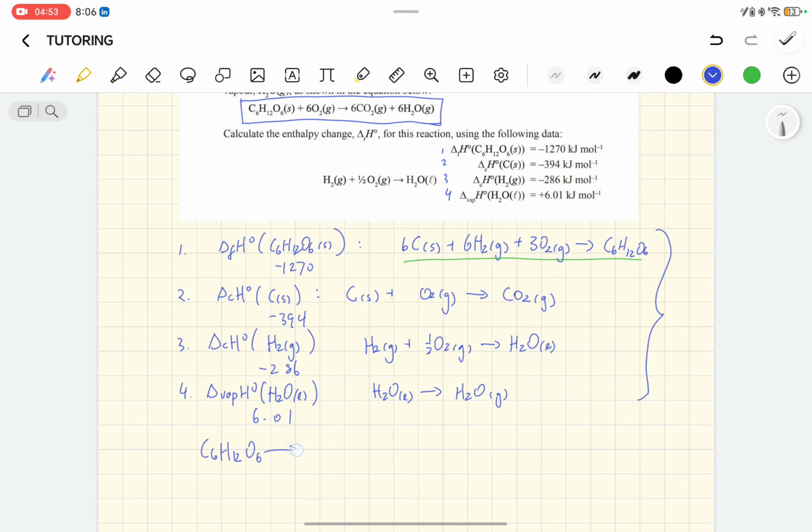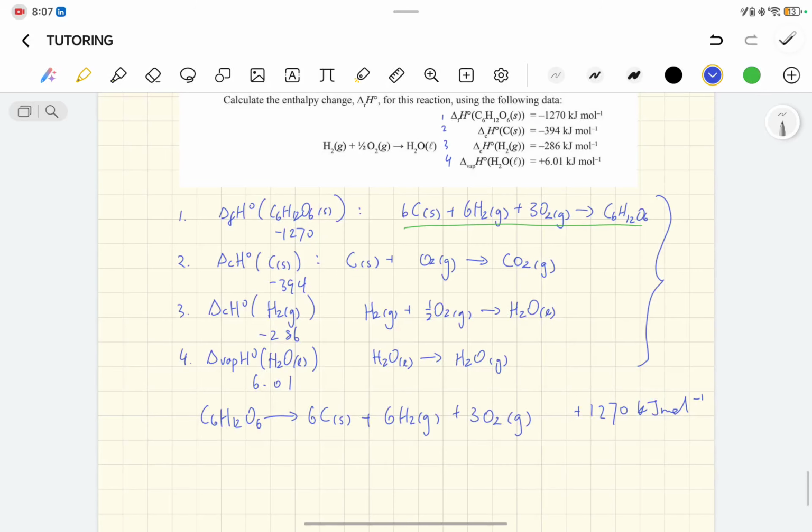C6H12O6 would give 6C solid plus 6 moles of gaseous H2 plus 3 moles of gaseous O2. And this will have an enthalpy of positive 1270 kilojoules per mole, because we flipped it.